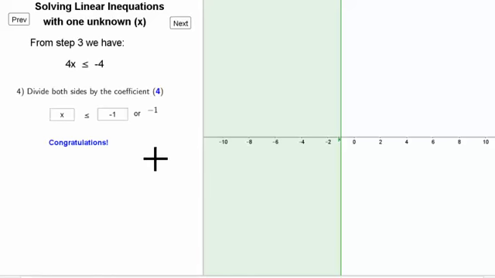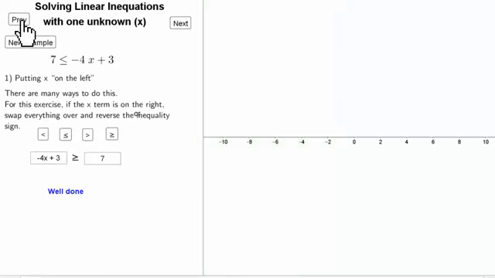What does the solution tell us? Well, it tells us that all of the shaded area, in this case to the left of negative 1, and including negative 1, is a solution to the original equation. If we go back to the original equation here, I put negative 1 in. Negative 1 times negative 4 is 4, plus 3 is 7.